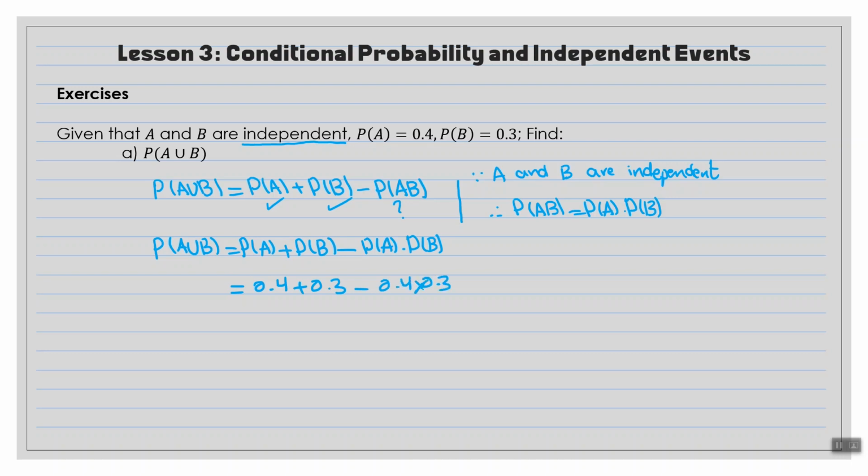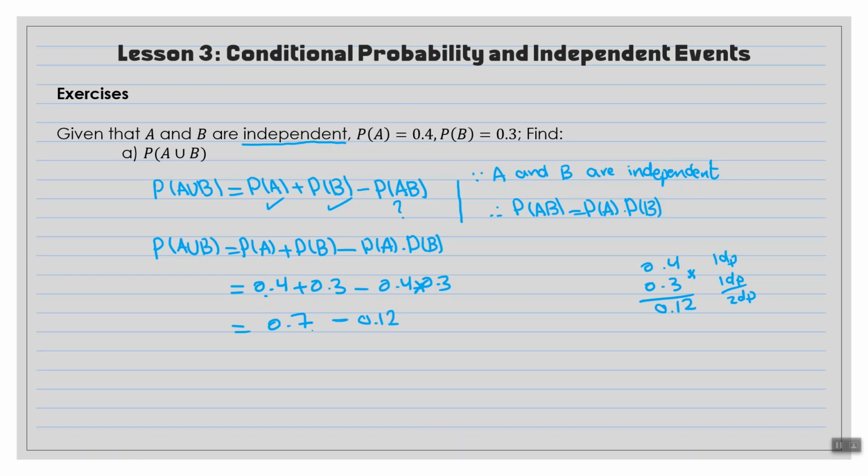Together, 0.4 plus 0.3 is 0.7, and 0.4 times 0.3 will be 12, and there is one decimal place here and one decimal place here. Together they become two decimal places, so we count two decimal places, put a point, and that's 0.12. So 0.7 minus 0.12.